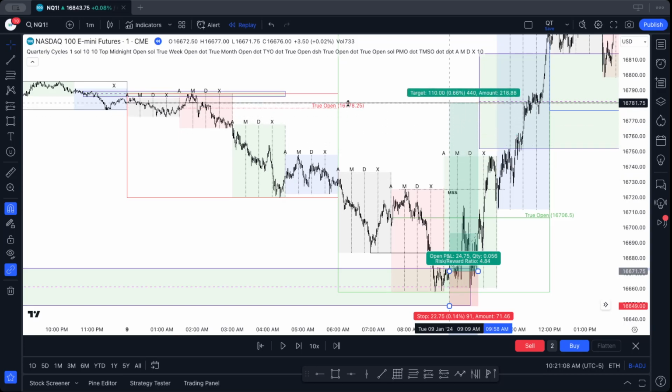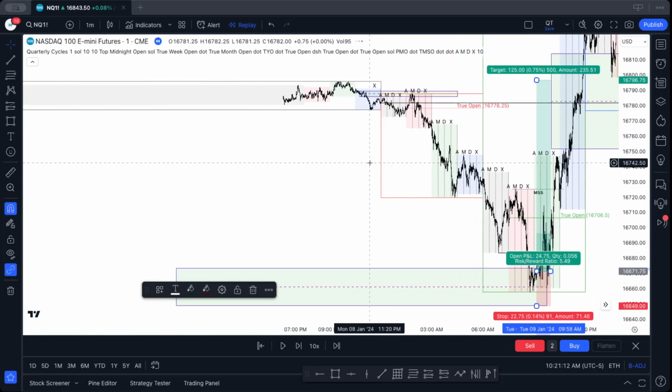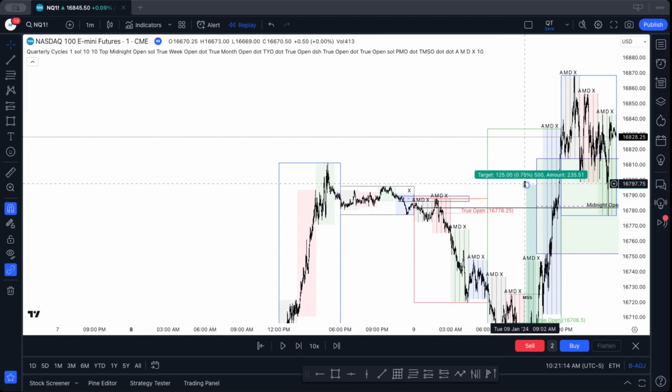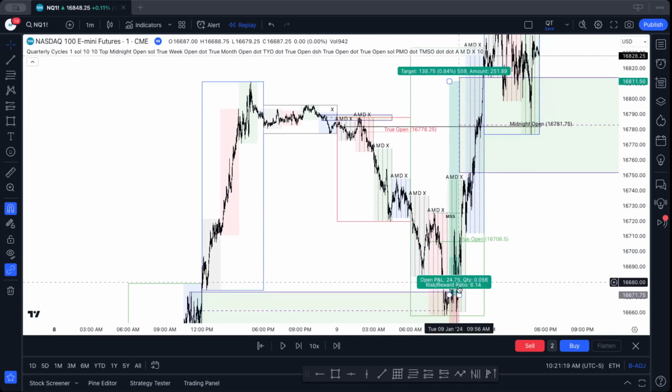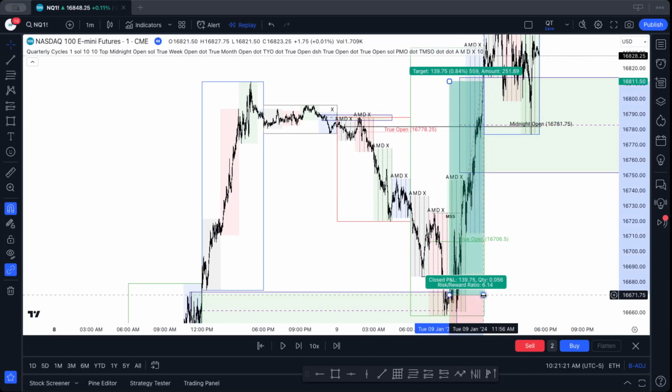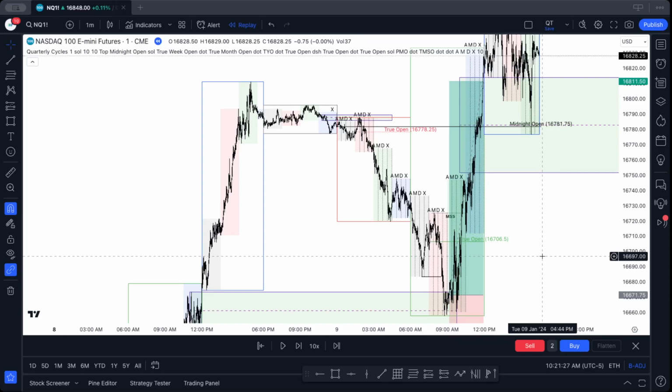Could have targeted midnight open as your second, London highs, Asian highs, and you could have left runners to previous day high, all of which got tapped first thing in the morning, as you can see, up until 12, and that was a 1 to 6.14.